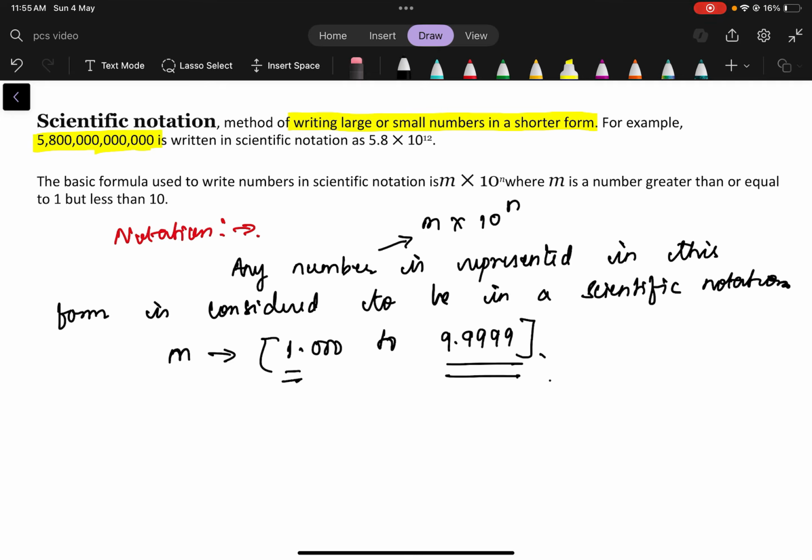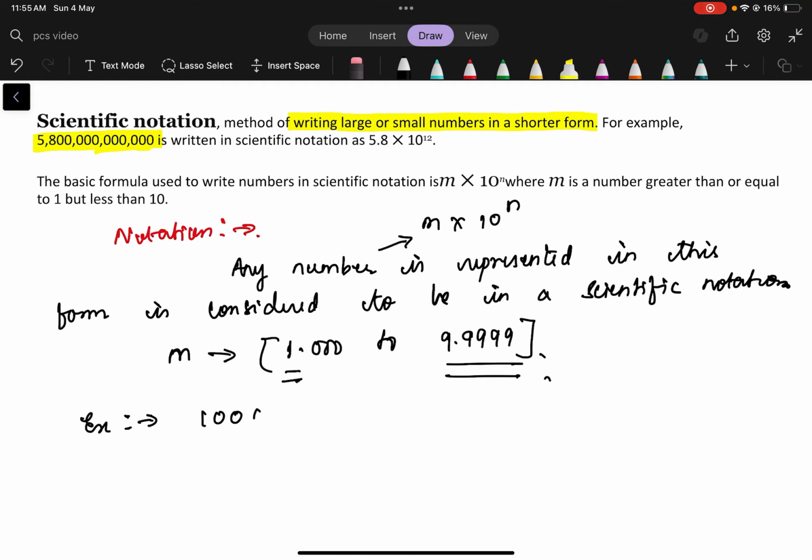Now let's take a few examples. Suppose we have the number 1 followed by 5 zeros. This is 10 to the power 5. If we write it in terms of scientific notation, we have seen that m can take values from 1 to 9.999.